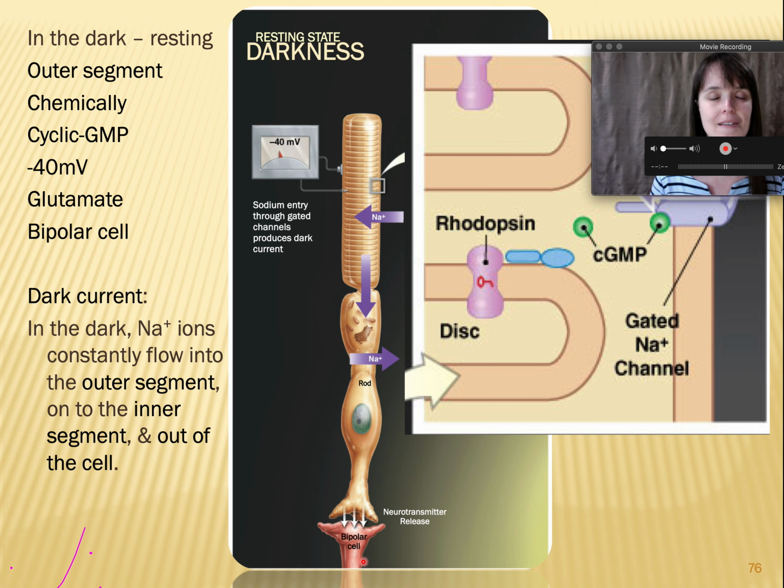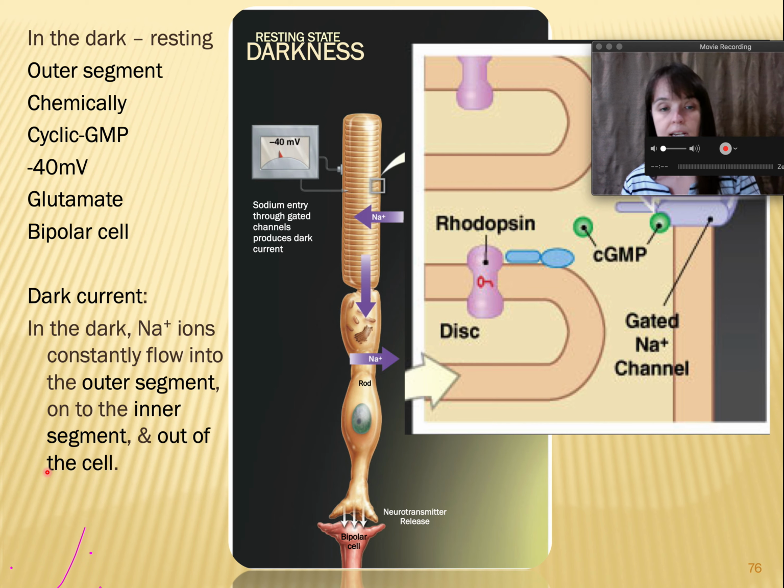That's how you know that you're not seeing light. In the dark current, sodium ions flow freely into the outer segment, forward to the inner segment, and then out of the cell.